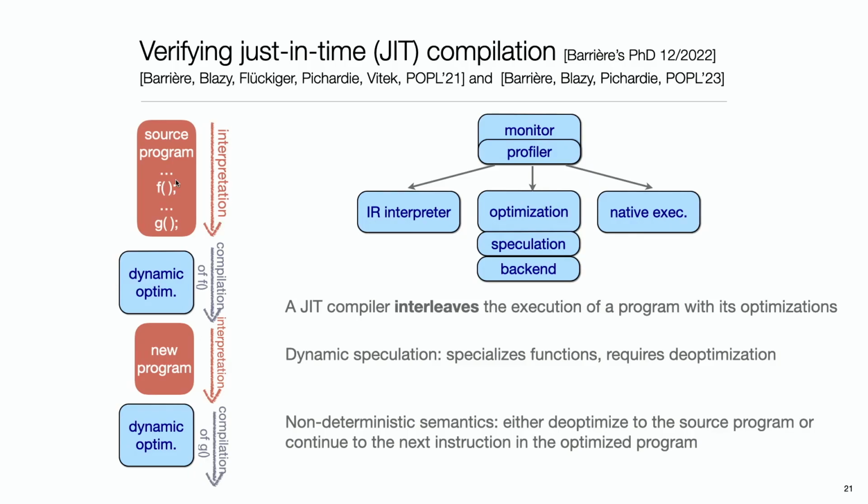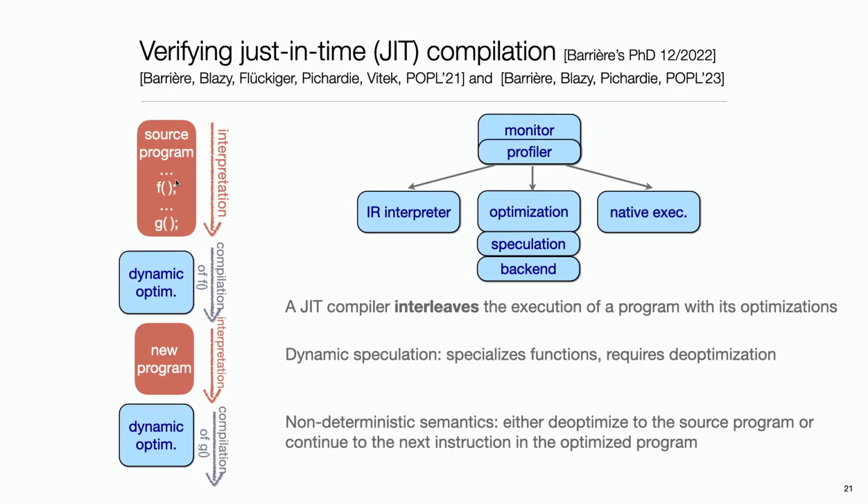So what we did is formally verify a small JIT, a toy JIT, that specializes functions, speculates and de-optimizes. Interestingly, we had to define new semantic instructions for speculation and de-optimization.